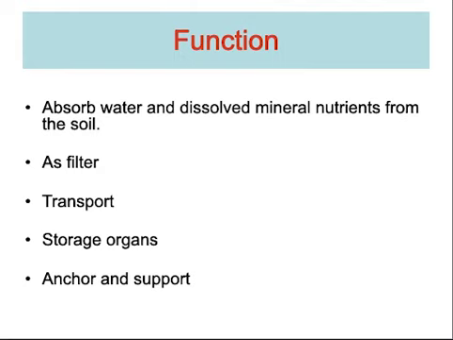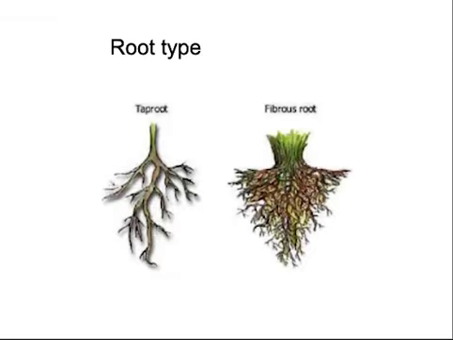Some roots also serve as a storage organ for photosynthates. We know that most roots serve as an anchor and support to the aboveground portions of the plants. All these functions are accomplished by specialized tissues with specific physiological functions.